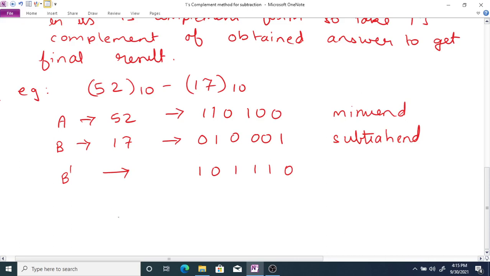We have to add a, that is 52, with our 1's complement of b dash, that is 1's complement of 17. So here we have 101110.